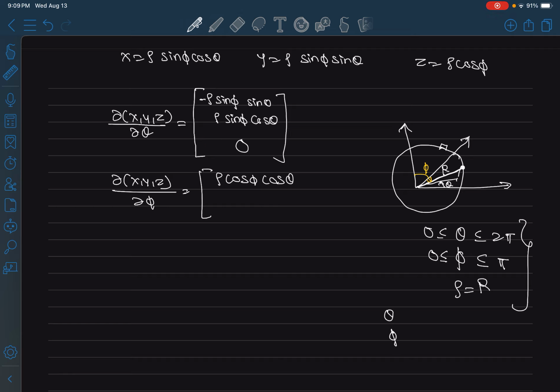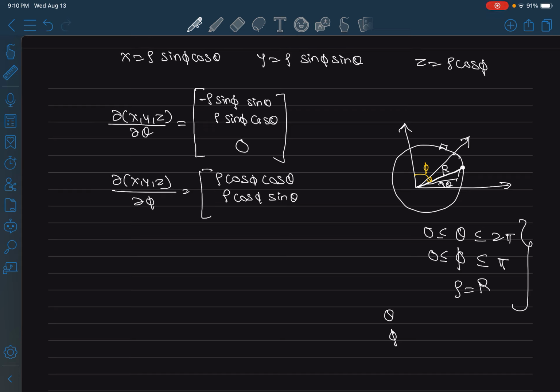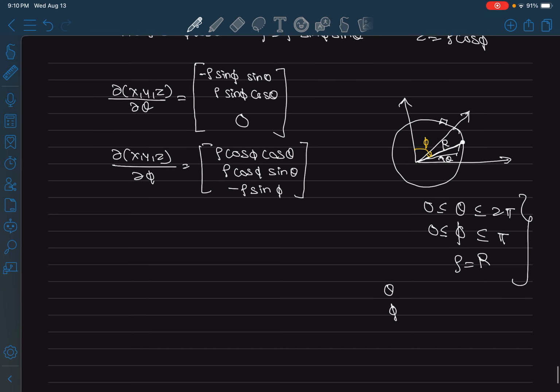So that's 0, rho sine phi cos theta, minus rho sine phi sin theta. Am I correct? Yeah.